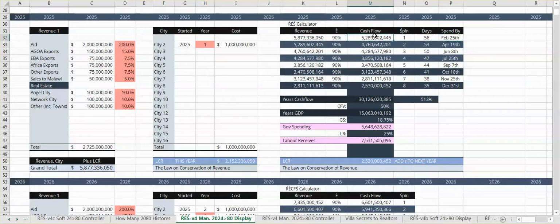So this just repeats to here, and repeats the process, times by 90%. So 90% of that money goes to other companies in the network again, which is spent by April the 19th. Therefore, this income goes back to here, times again by there, and so on until 8 spins.